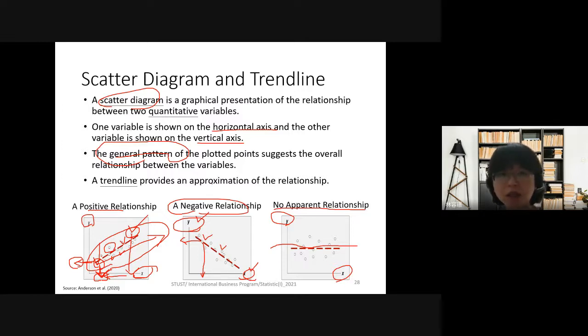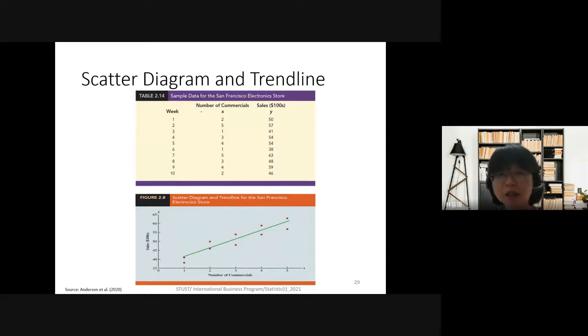So this is the scatter diagram and the trend line. For example, in your textbook, you will find there is sample data from San Francisco electronic stores. You will find the number of commercials those customers see, and the sales.